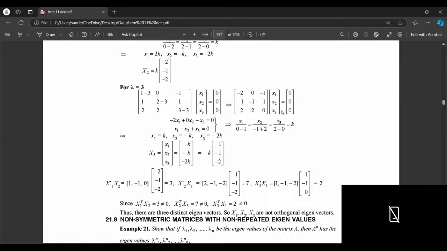This is just for the sake of understanding orthogonal vectors: we have to check the product for two different eigenvectors.